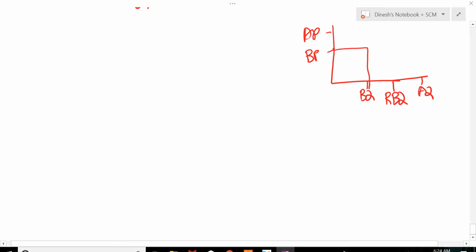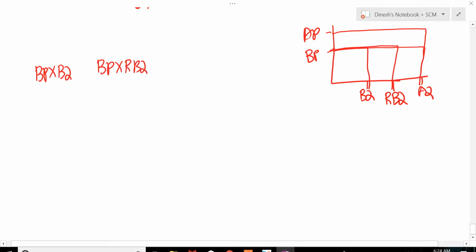Computation table: BP into BQ, BP into RBQ, BP into AQ, AP into AQ.